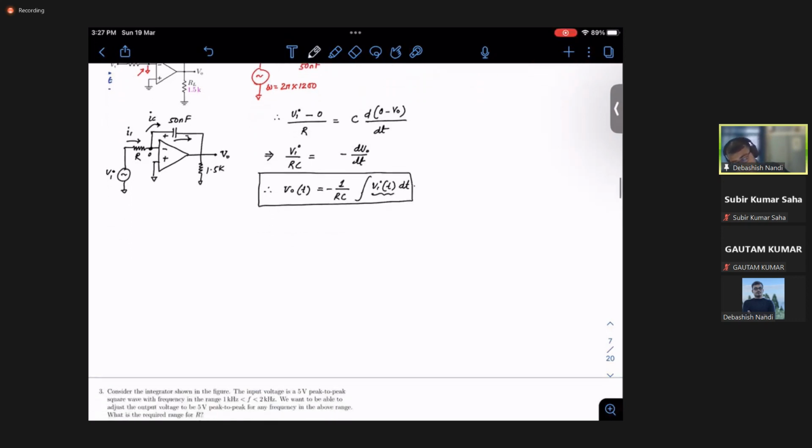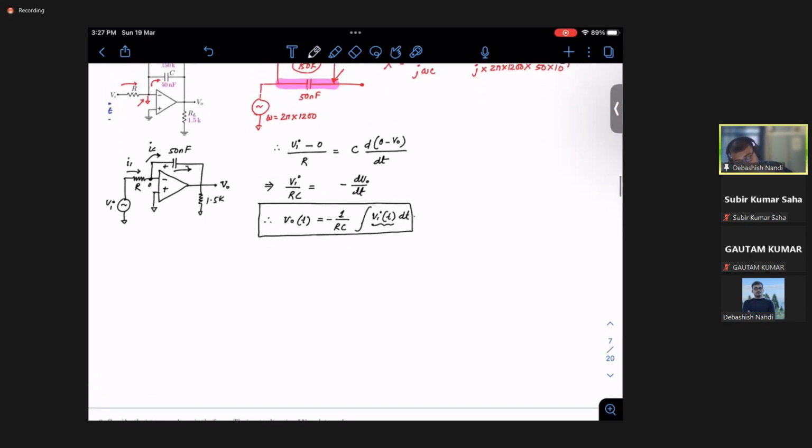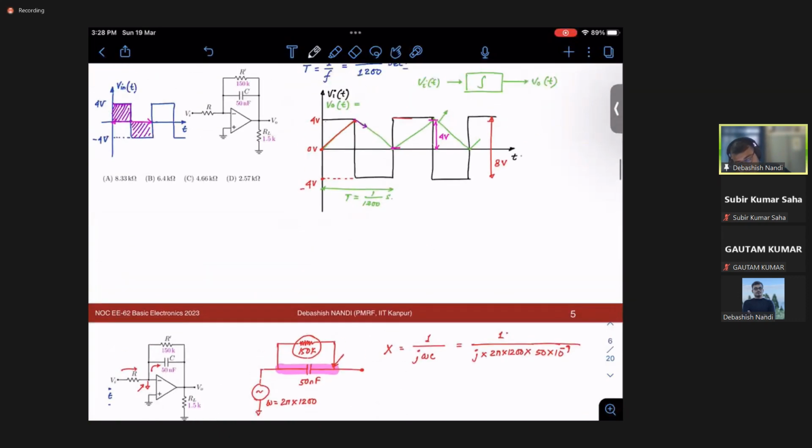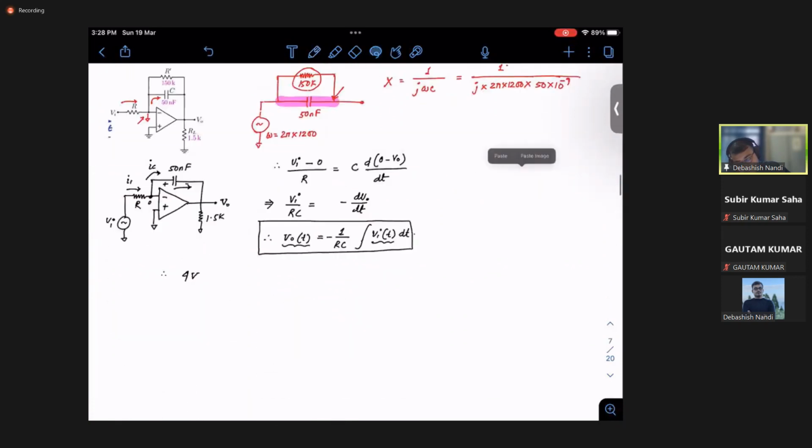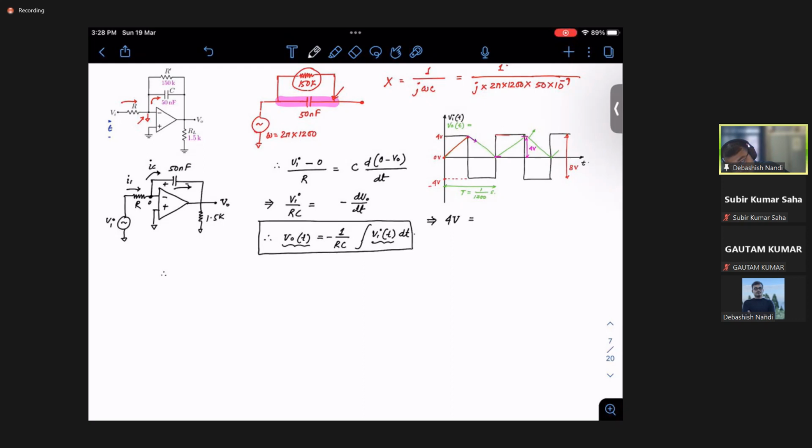So how will we go about it? They have mentioned that your V naught t is 4 volt peak to peak. Now if I just copy this, from this you can see simply V naught is 4 volt at this point, right?